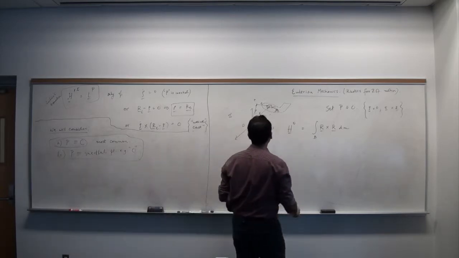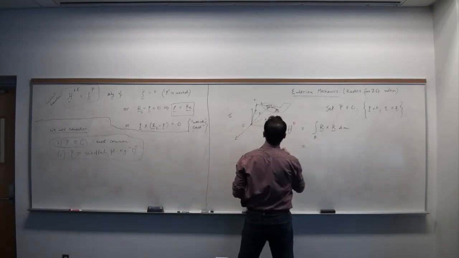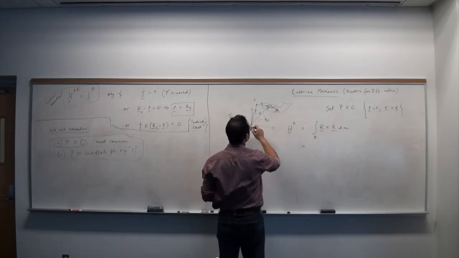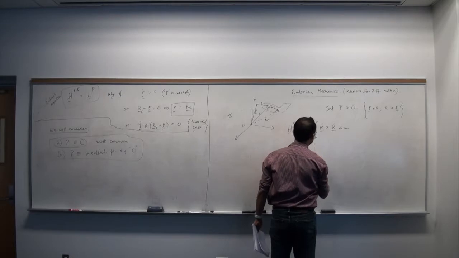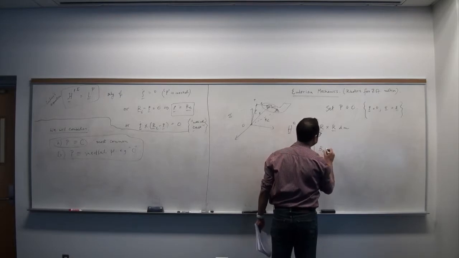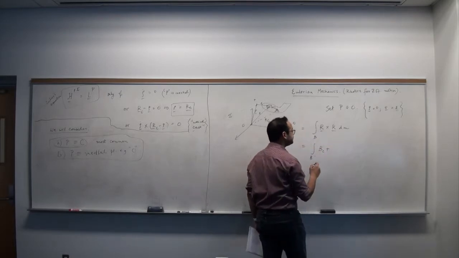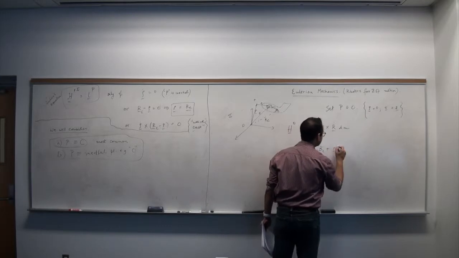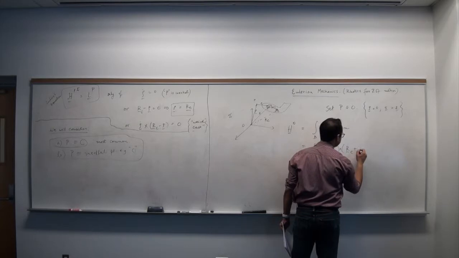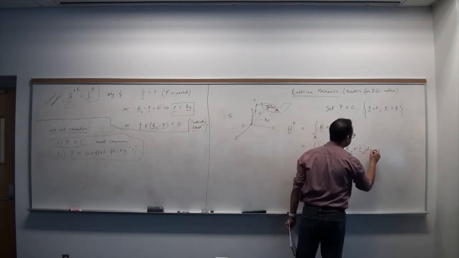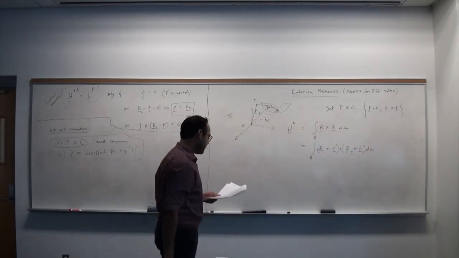Right? So now we expand r. Note that r is nothing but rc plus the relative vector little r. So the location of the center of mass plus the relative vector cross with r dot.